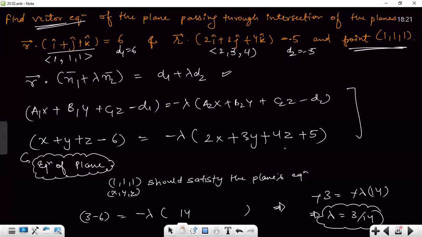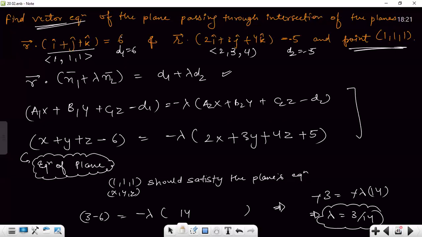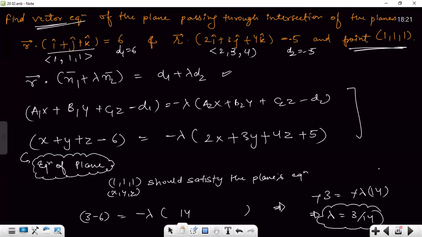Okay. So r vector dot n1 vector, which was i cap plus j cap plus k cap, plus lambda of n2 vector. Lambda is 3 by 14.